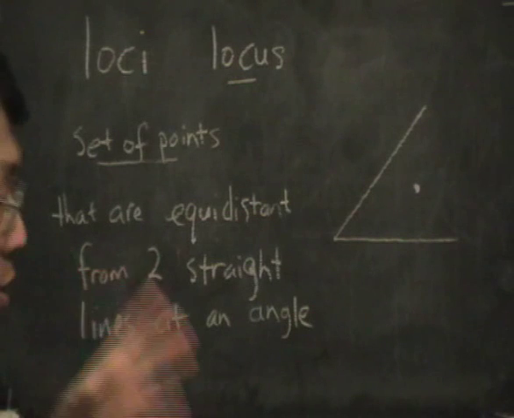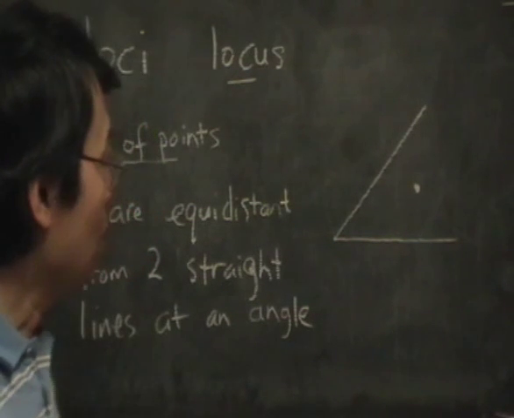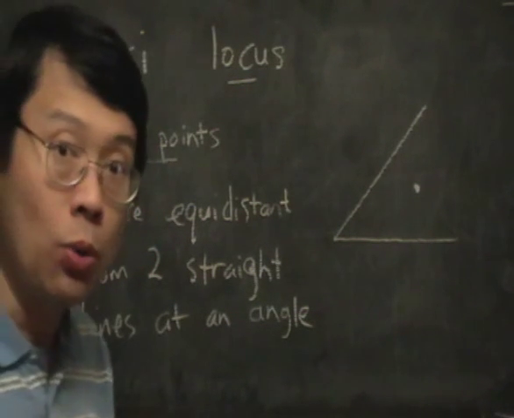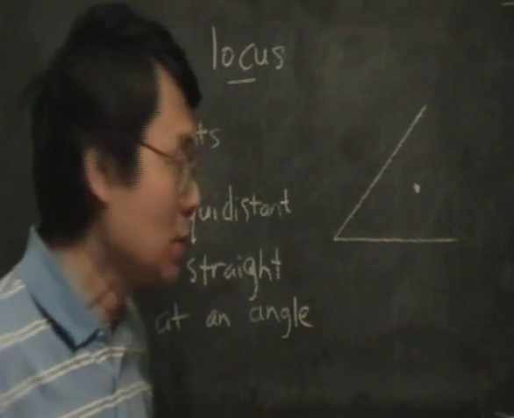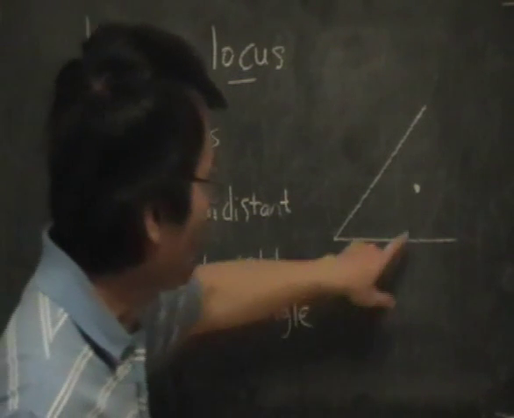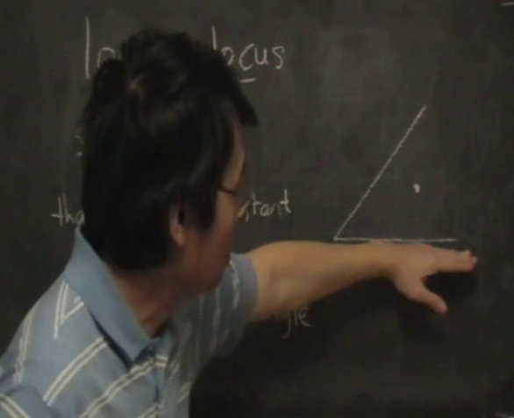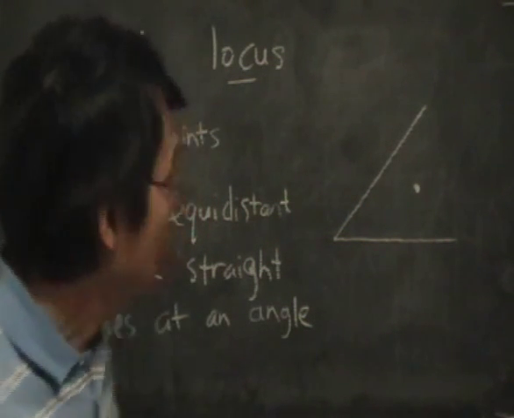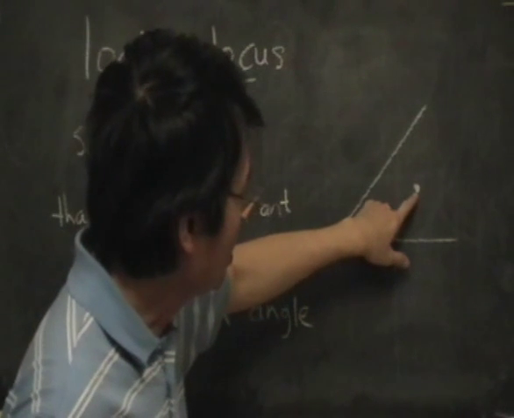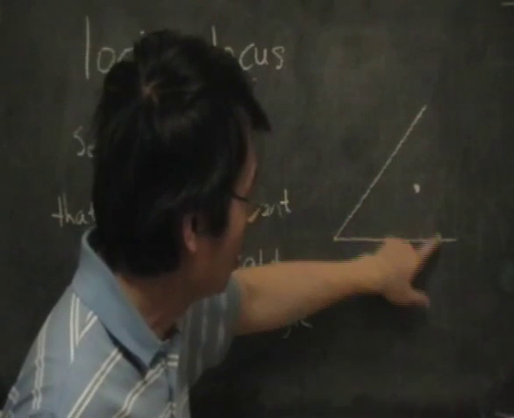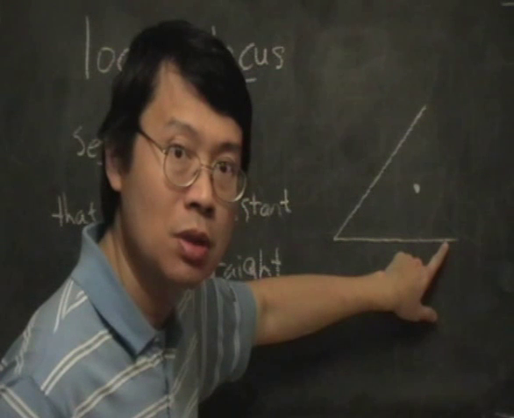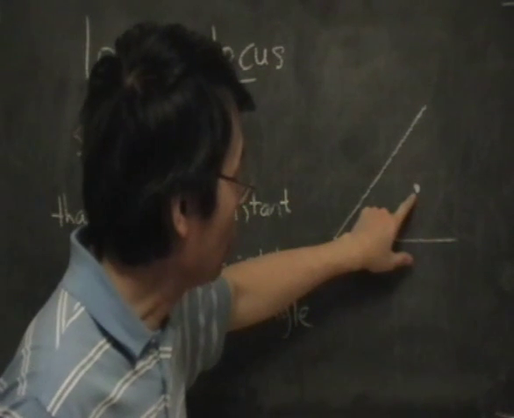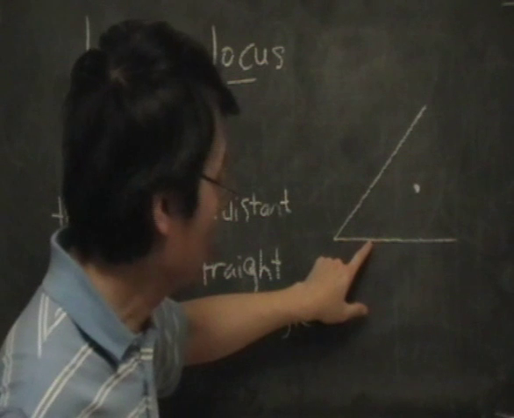Now the distance of a point from a line is always the perpendicular distance. Meaning, if I want to know the distance from that point to this line, I have to ask, do I measure the distance from that point to that point on the line? Or do I do it from this point to that?